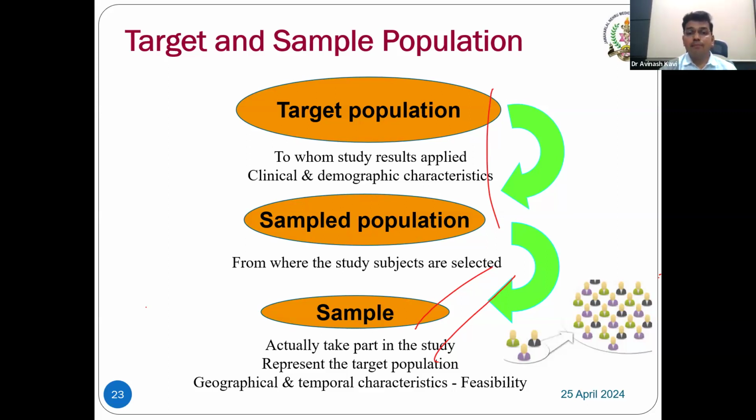The sampled population is where the study subjects are selected, and the sample is the actual people, the participants who take part in the study. So basically, the sample should be a representative of the target population, and the sampled population is where we go on searching for these samples, so it can be a field practice area and also the designated study hospitals that we choose to have in our study, in our research proposal.